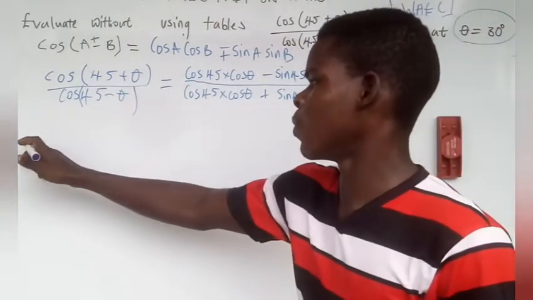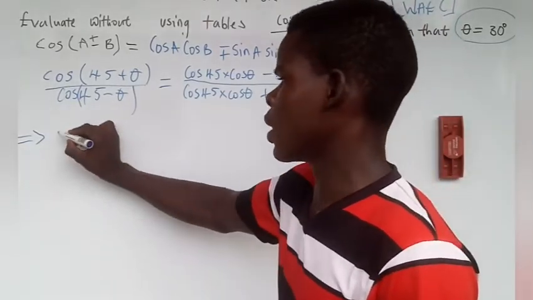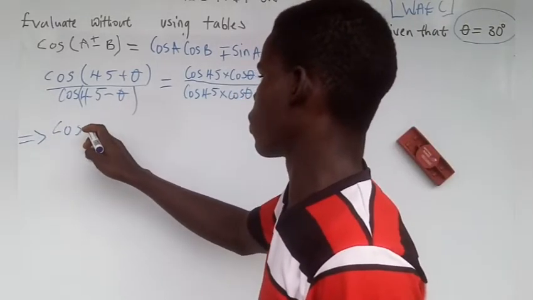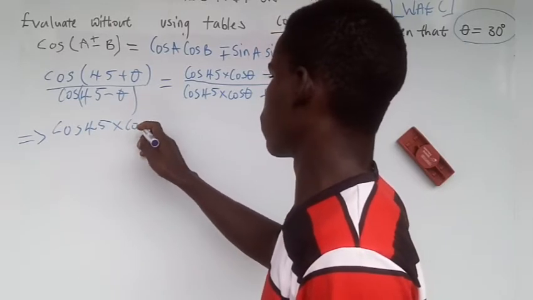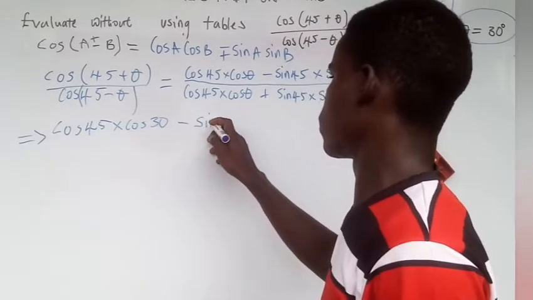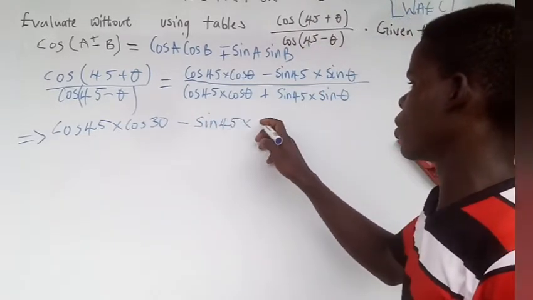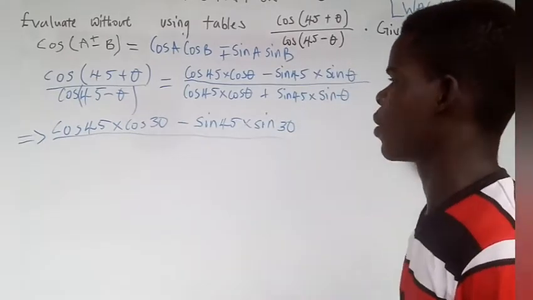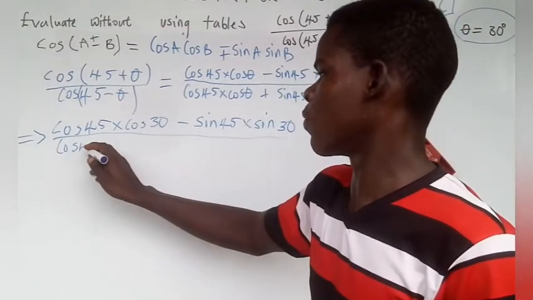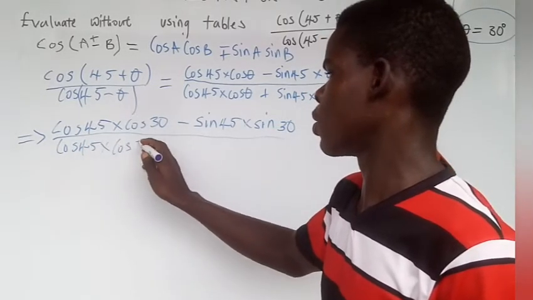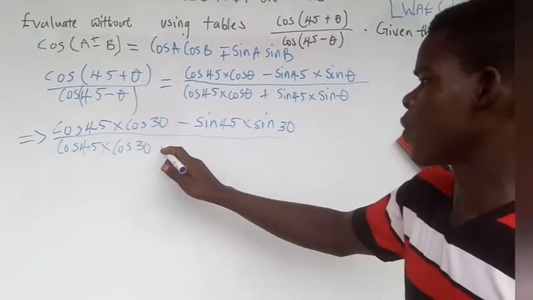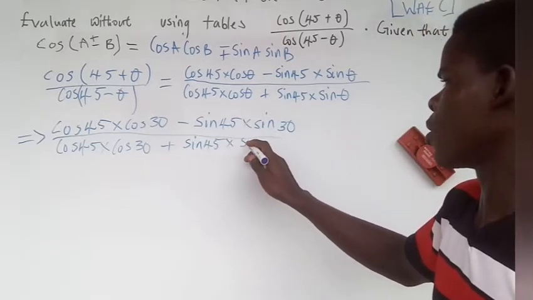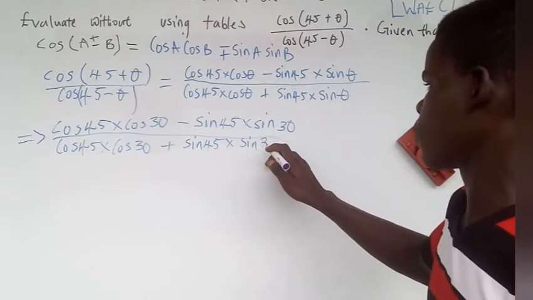Doing that, this will imply cosine 45 times cosine 30 minus sine 45 times sine 30, divided by cosine 45 times cosine 30, just substituting 30 in place of theta, plus sine 45 times sine 30. Okay.